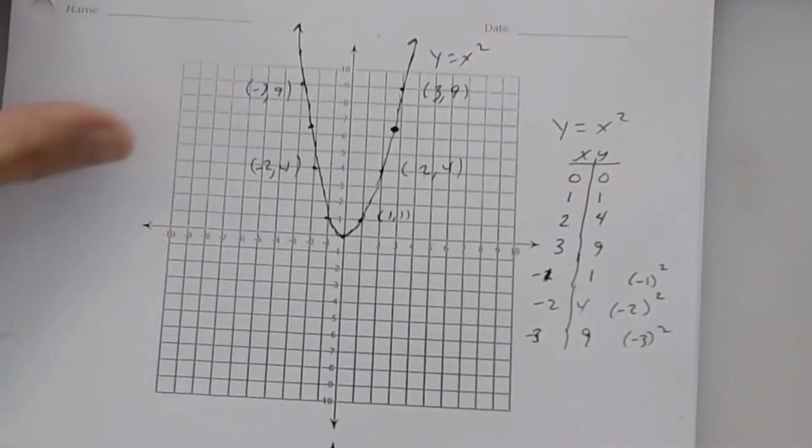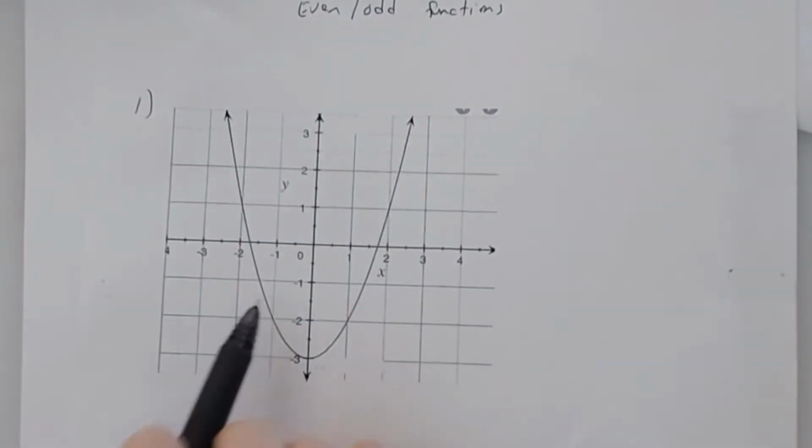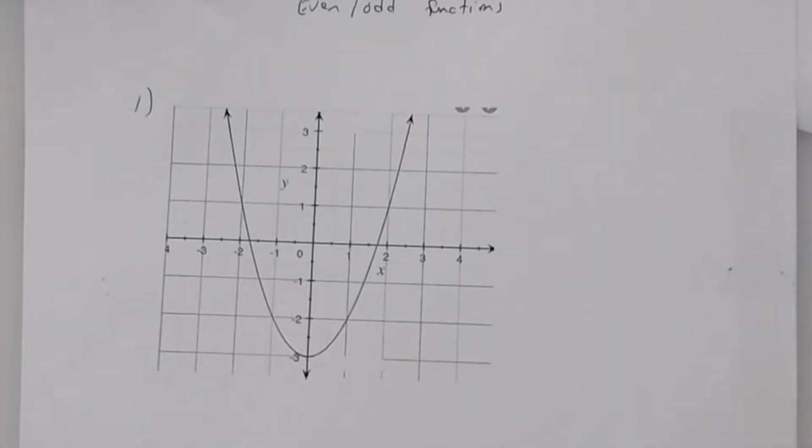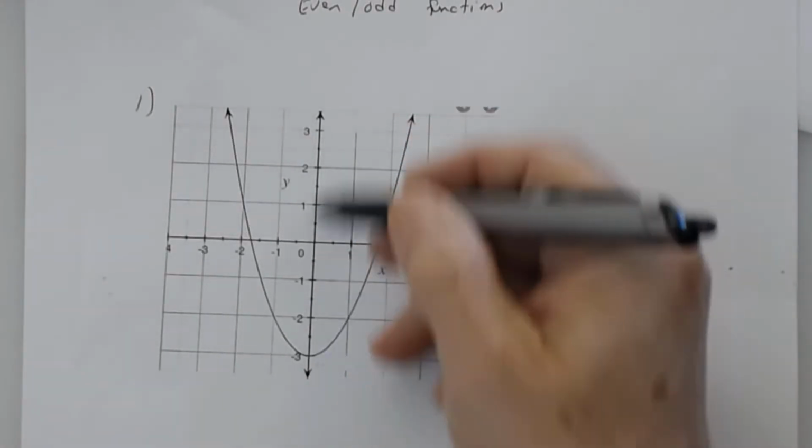All right. Now, number 1, just number 1. Is this function an even function? Yes. Yes, you need to recognize that that is an even function. Because if you look at this, here's the y-axis, right?